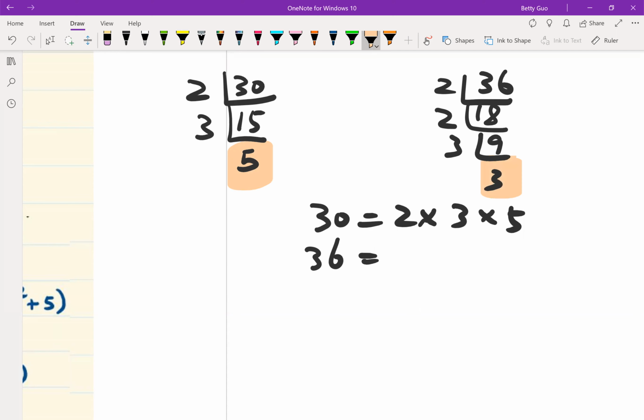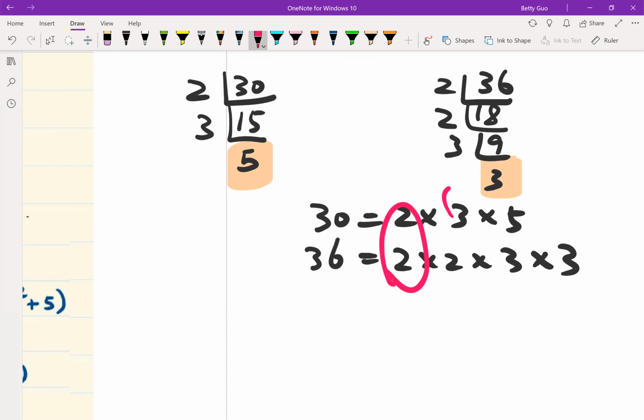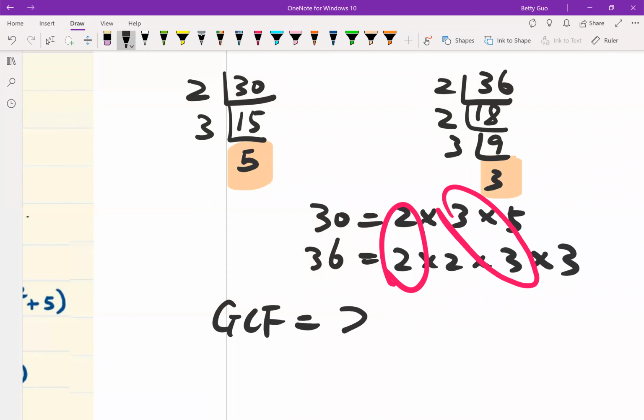So 36 equals 2 times 2 times 3 times 3. For GCF, you bubble, I use red, the common factors. Your GCF will be the multiplication of the common factors. In this case, it is 2 times 3. What is that? 6. That's the GCF.